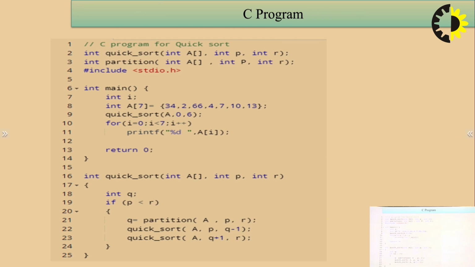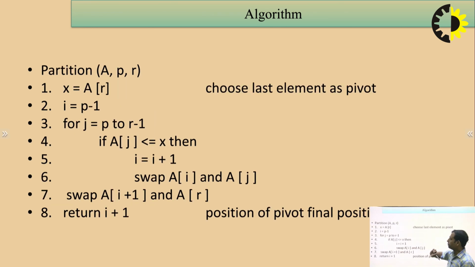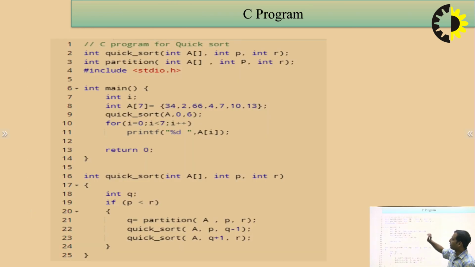Now this is the C program of the quicksort algorithm. We just convert these algorithm steps into the C language. With the help of functions, this is the main function. We initialize, for example, an array A of 7 fixed elements.